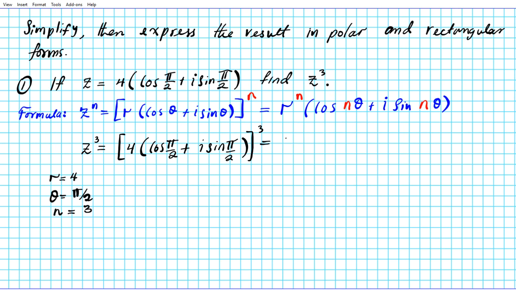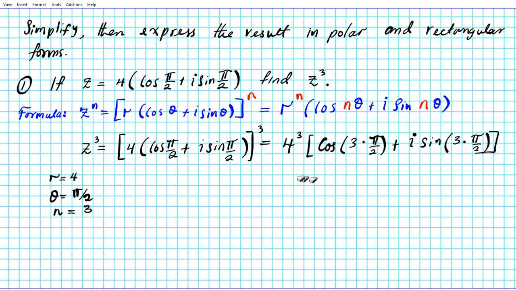So r is 4 raised to the third power. And then we have cosine of n, which is 3, multiplied by the angle pi over 2, plus i sine n again, which is 3, multiplied by the angle pi over 2.